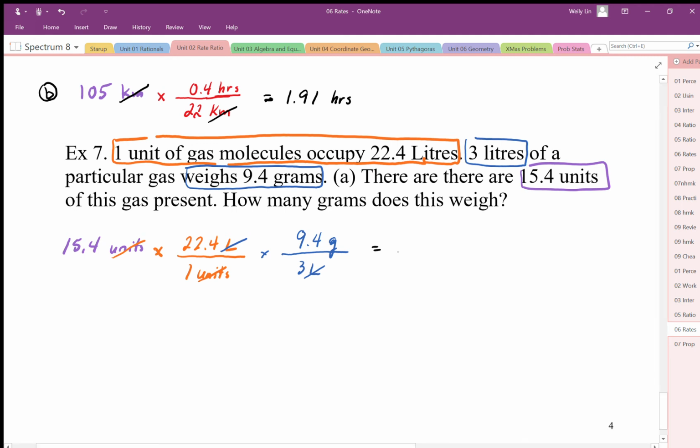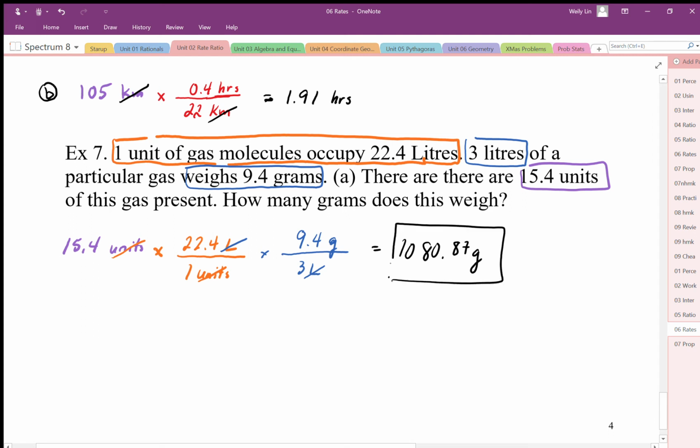Okay, so it's going to be 87 grams. Okay, so that's how many grams 15.4 units of these gas molecules weigh.